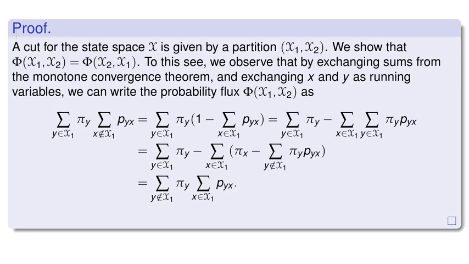Expanding this, we get the sum over y in script X1 of pi_y minus the sum over x in script X1 of the sum over y in script X1 of pi_y P_yx.